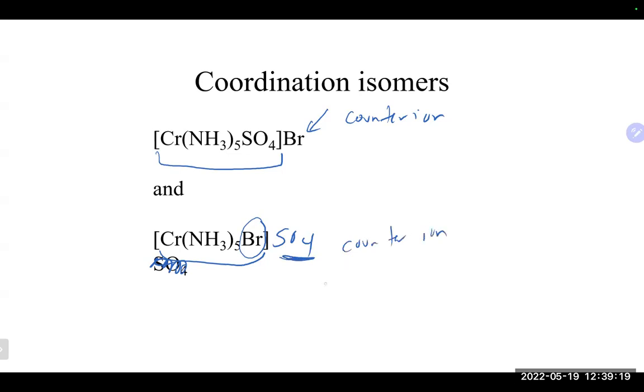In the first one, the sulfate is part of the complex ion. In the second one, the bromine is part of the complex ion. Obviously, with some different things attached, you would have some different properties. They're isomers because they have the exact same formula in each case.